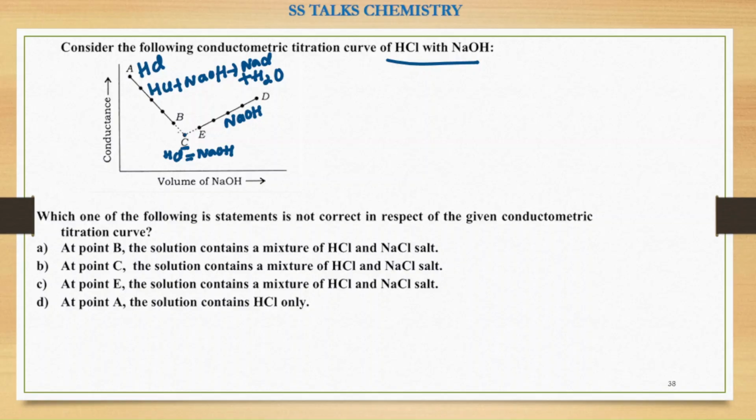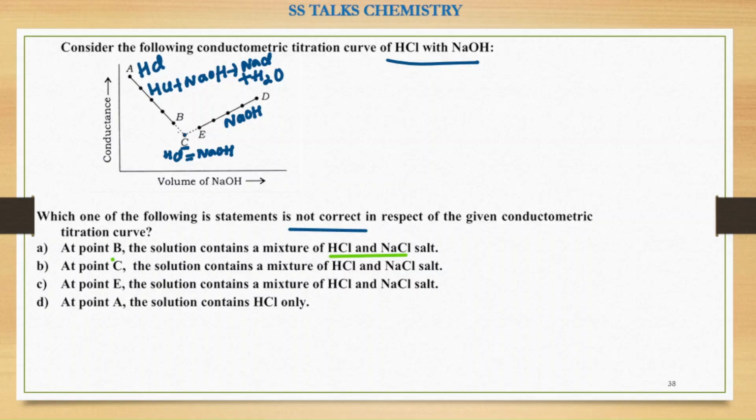Okay, so here it's asking about these points. Which one of the following is not correct with respect to the given conductometric titration curve? Statement 1 says at point B, the solution contains a mixture of HCl and NaCl salt. This statement is correct.